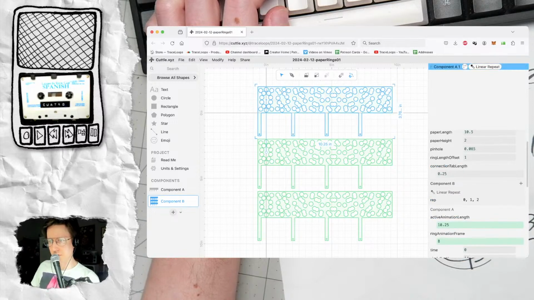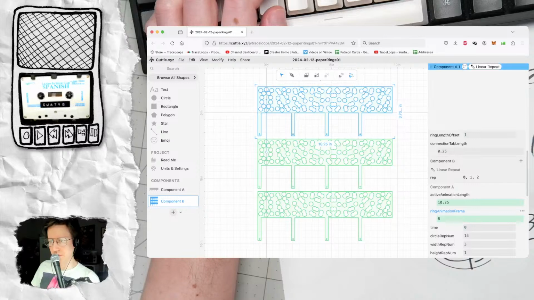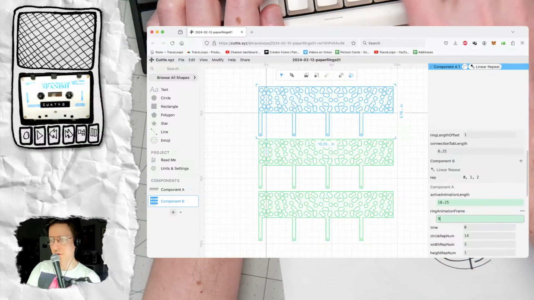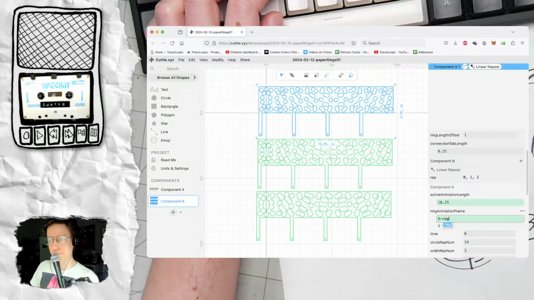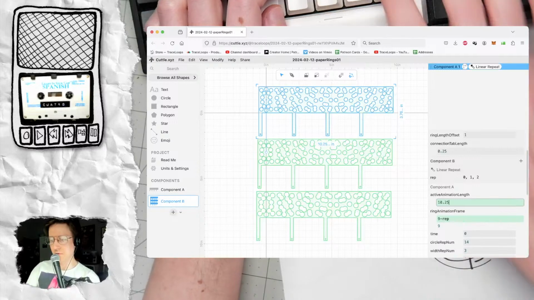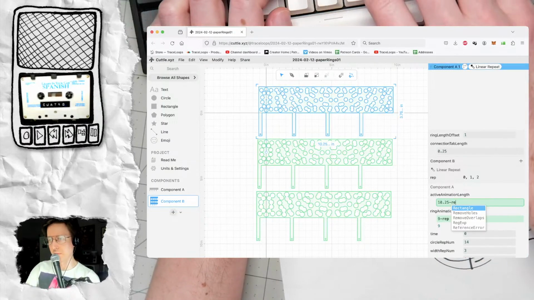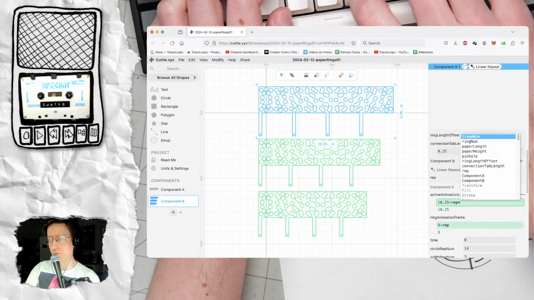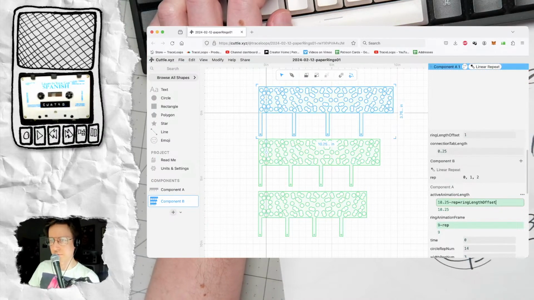come into this component, active animation length, 9 minus rep, .5 minus rep times ring length offset.